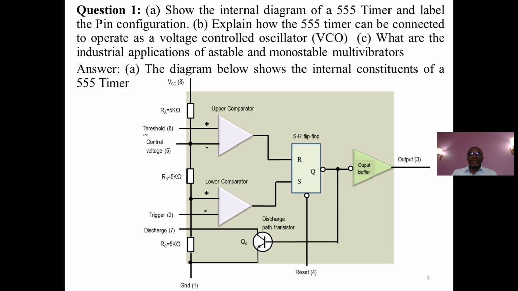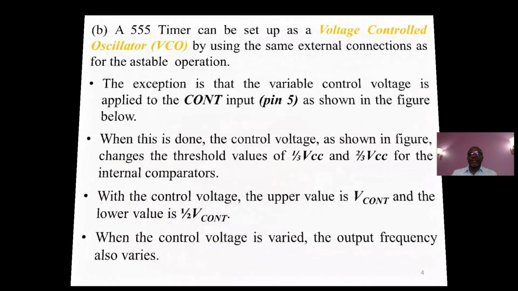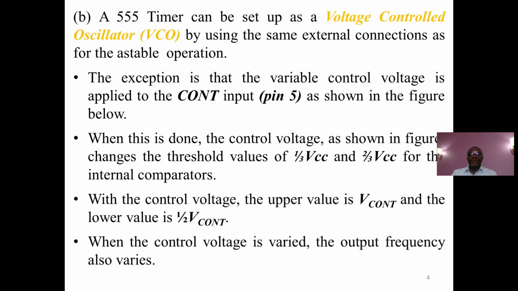Then the second question says, explain how it can be used as voltage control oscillator. And we say that it can be used as VCO by using the same external connections as for the astable operation, which is already explained in the lecture where we treated this 555.